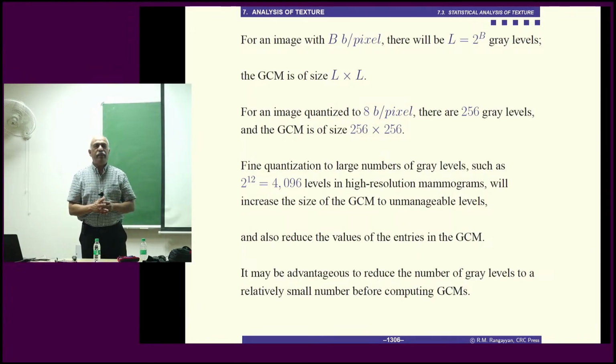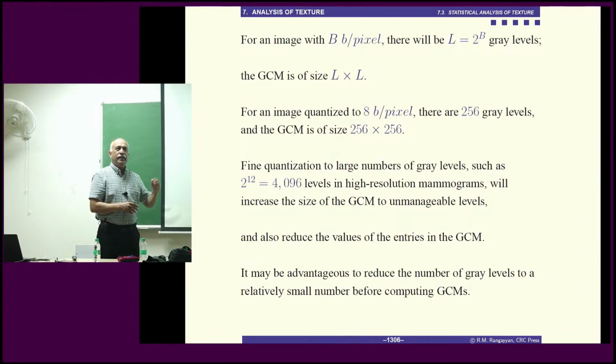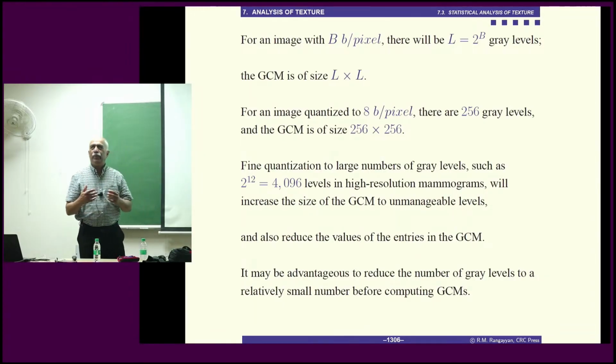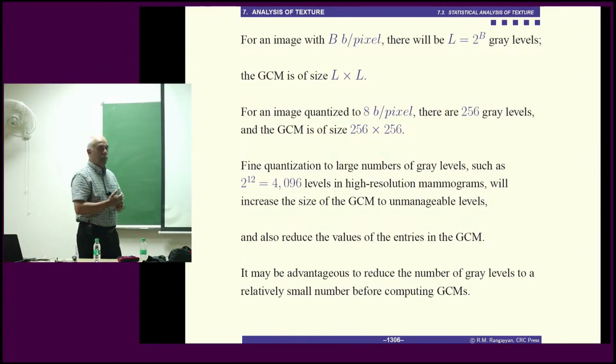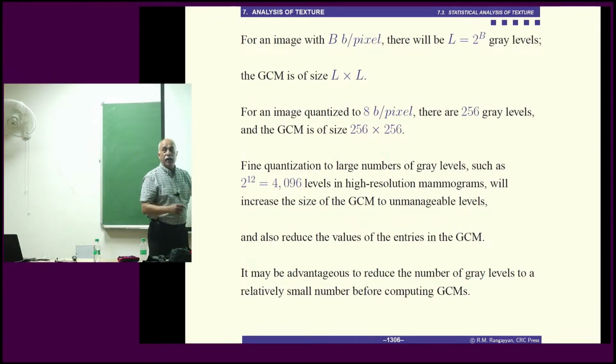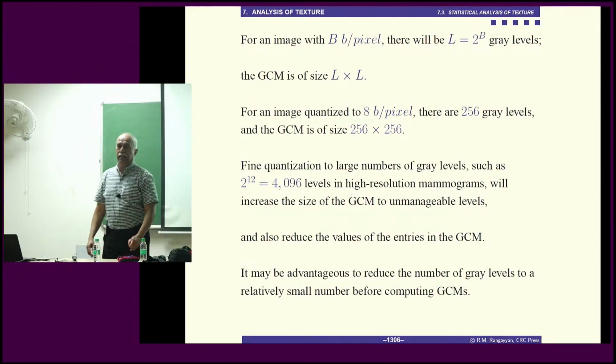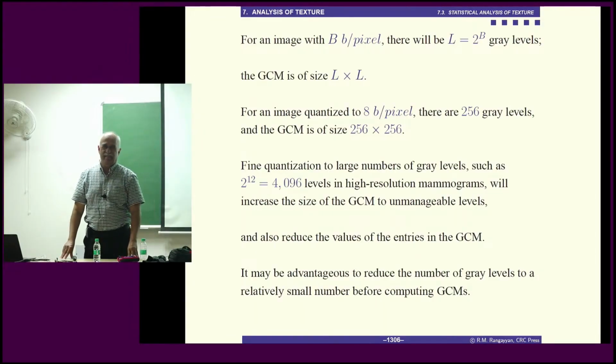In a noisy image with fine quantization, the GCM may not give you a good number of counts in many of the bins. So in practical applications, we need to consider this. If you have a 1000 by 1000 image with 12-bit quantization, you have 1 million pixels, but you have 4096 square bins in the gray level co-occurrence matrix. That's a mismatch.